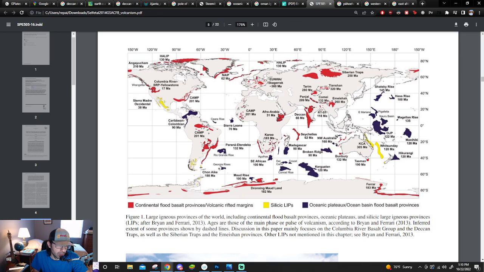These time frames are pretty good in terms of, I mean, maybe not. I'm sure these are more complex than we realize.